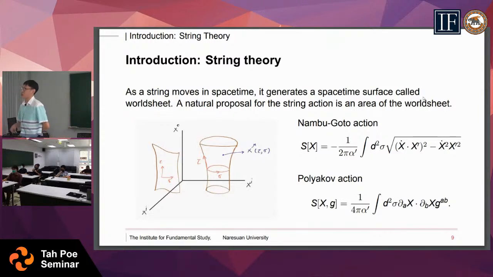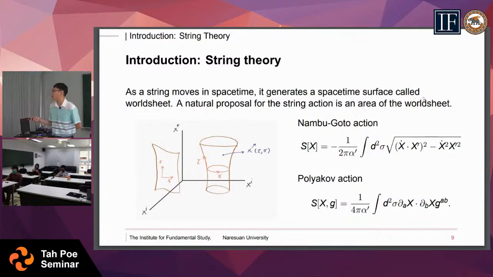And in analogy to the point particle, the proposal for the action of the string theory needs to be proportional to the area of the worldsheet. This is given by the Nambu-Goto action, where this integration here is basically the area of the worldsheet.